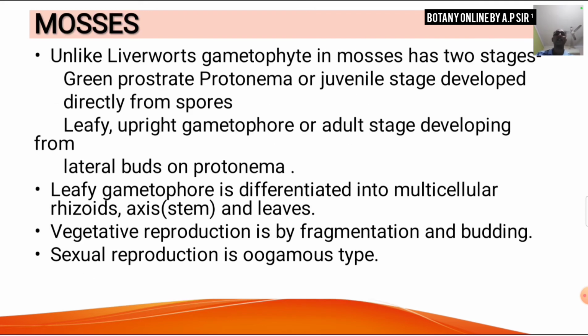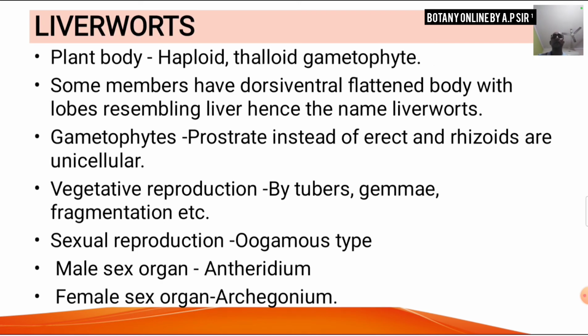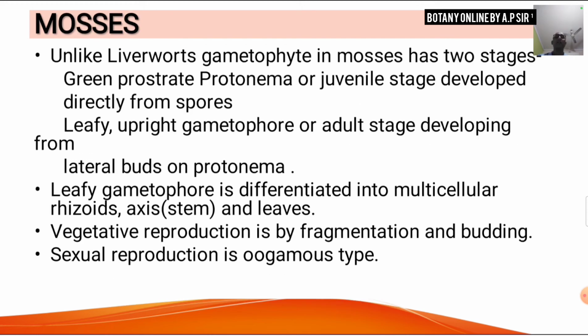Now come to the second one, that is mosses. Unlike the liverworts, where the gametophyte is a thalloid haploid one with a flattened prostrate body, in mosses the gametophyte has two stages.